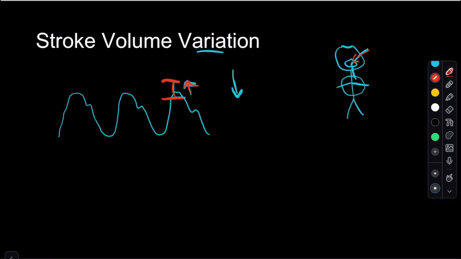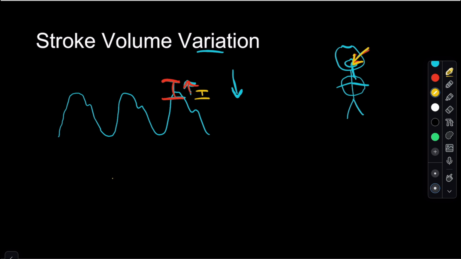Conversely, if a patient has an adequate amount of blood in their circulatory system and then they receive another breath coming in, well, their heart is kind of plump or full of blood, so it's going to compress their heart less, and then you would see less stroke volume variation measured from their arterial line.